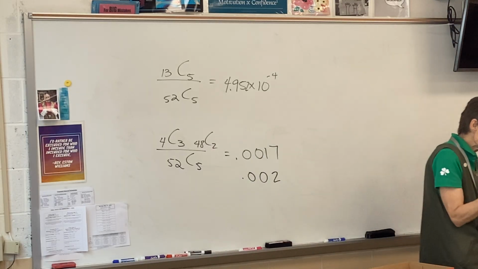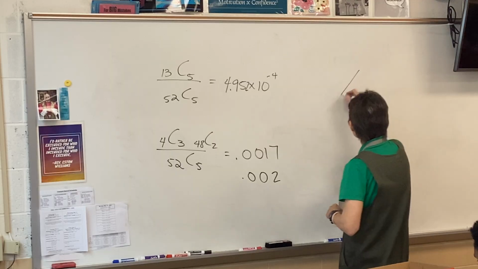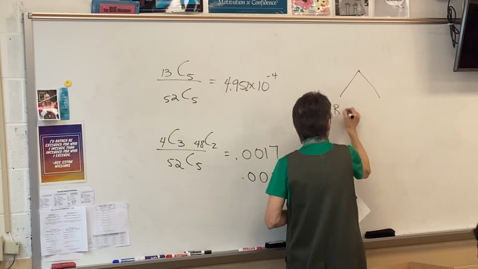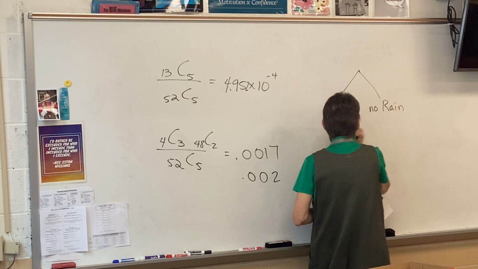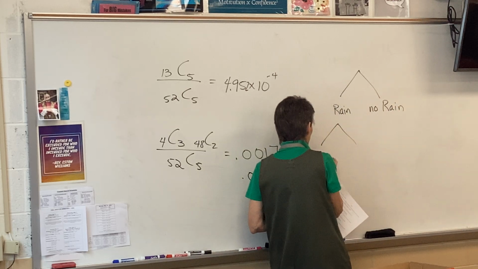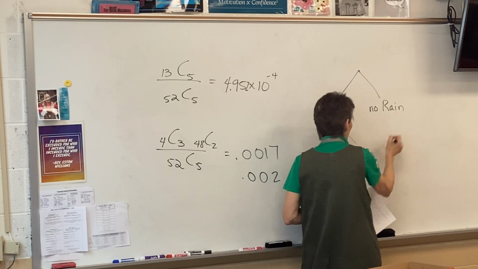We got rain happening and we have tennis happening. The question being asked is, find the probability I will play tennis. So when I build my tree diagram, tennis has to go on the bottom. Because remember, the question always goes on the bottom.